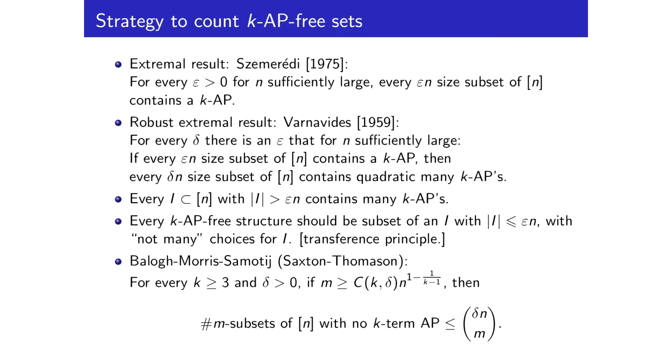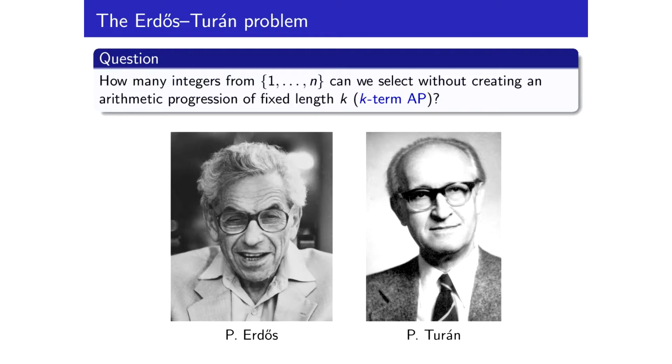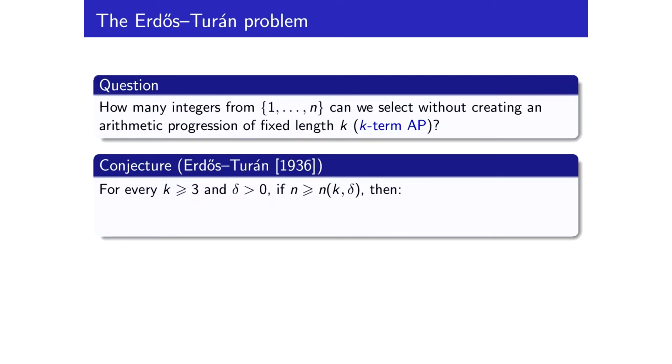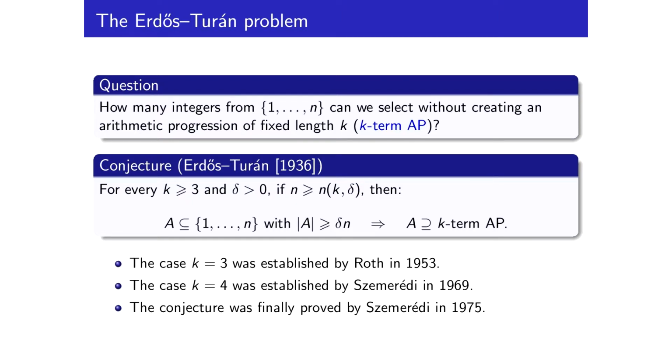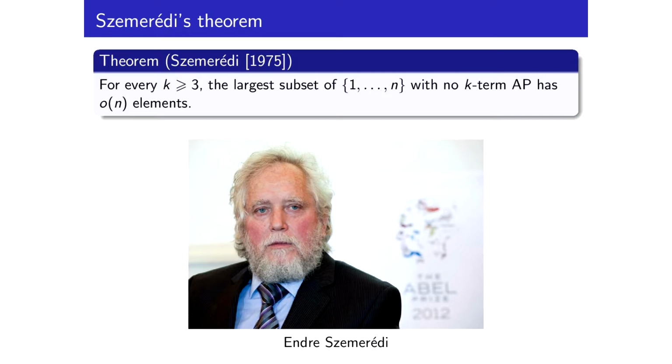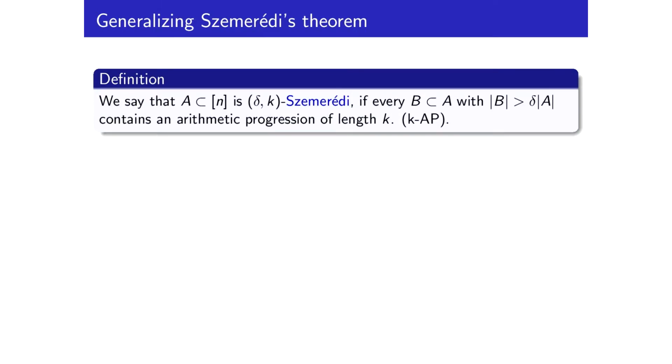I try to place this into the history. Originally, Erdős and Turán asked the question that Szemerédi solved: what is the largest size of a k-AP-free set? This can be formulated this way, but I already said this. This conjecture was finally proved by Szemerédi, and we define the following concept, the so-called delta-k Szemerédi property of subsets of integers.